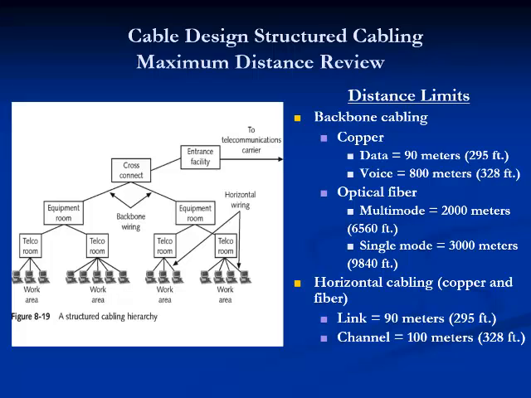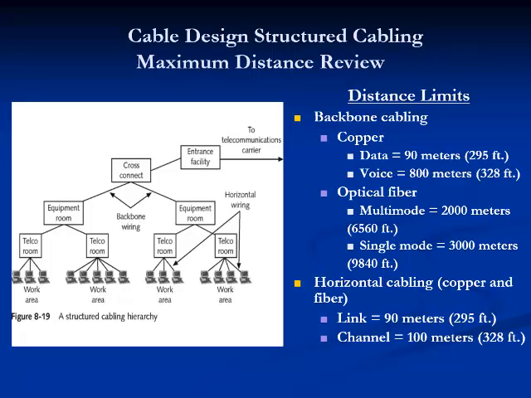Also regarding cable design, please recall from Module 1 the maximum cabling lengths, depending on whether you are in the entrance facility, equipment room, telecommunication rooms, or the work area. The distance limits mandated by the standards are, when you're using copper in the backbone, 90 meters for data applications and 800 meters for voice applications.